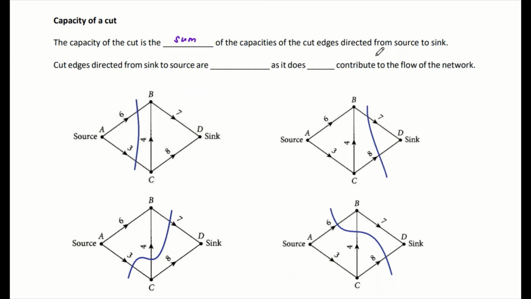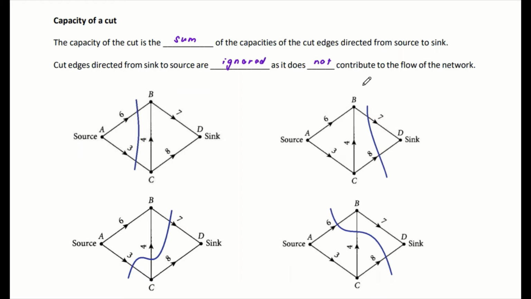So when calculating the capacity, make sure that you only take those edges, those weights, that are directed from the source to the sink. All the cut edges directed from sink to source will be ignored, because they don't contribute to the flow of the network.